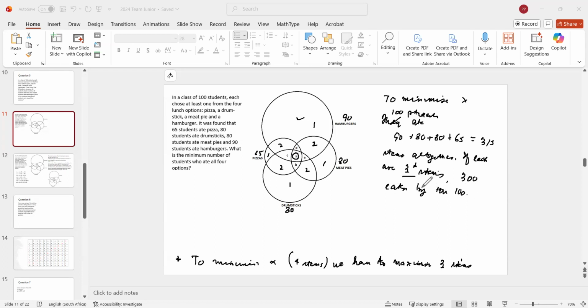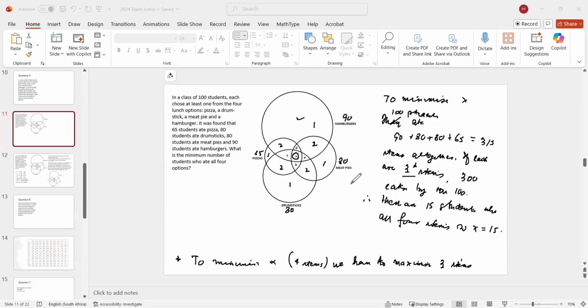But where did the other 15 come from? In addition to 300, you got 315. You got 15 extra. That means those 15 students ate all 4 items. So X is actually equal to 15, right?